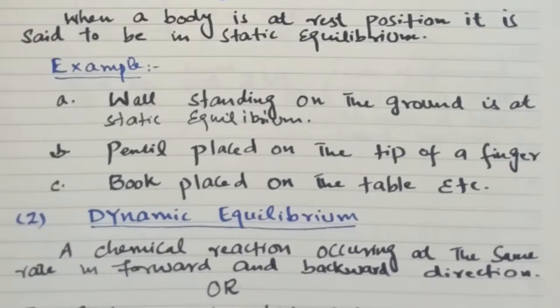You have to push it in one direction or the other, or take it in your hand, to change the position. The book itself is not changing its position, it is at equilibrium state. Such type of equilibrium in which a body is static at its own position is called static equilibrium.